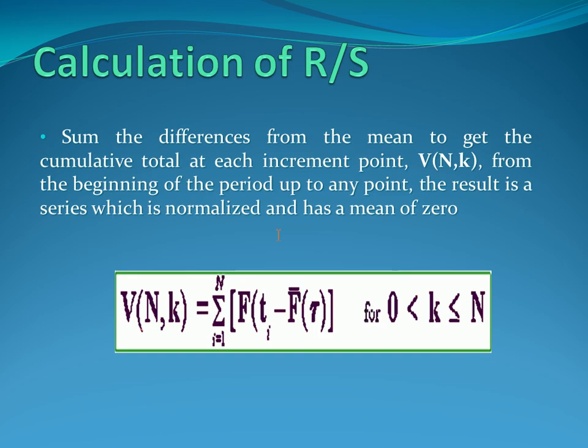So when you look at the sigma in here, it's going from i equals 1 to n, and then it says k for 0 less than k less than or equal to n. You can change k, the total number of points that you want to use in your analysis.